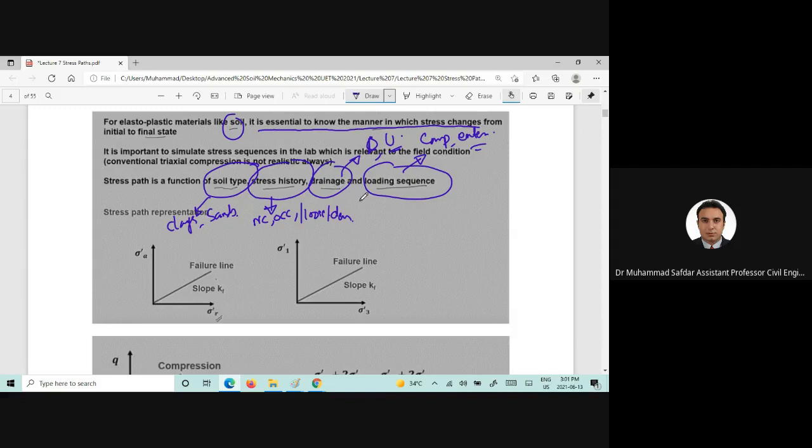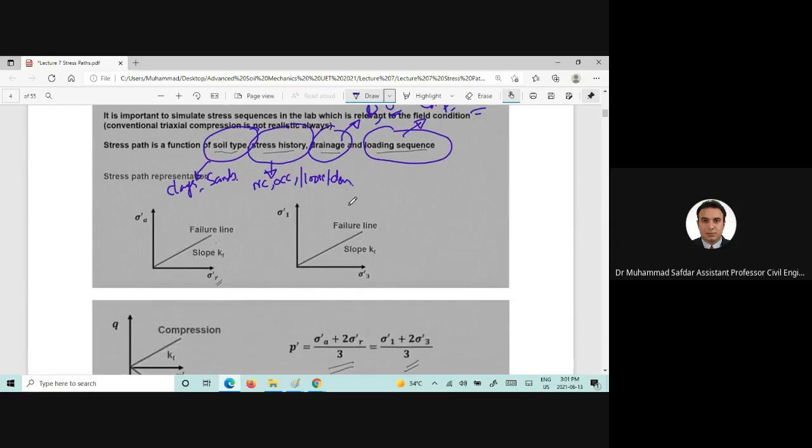So all these factors will definitely affect the stress path in a laboratory test.